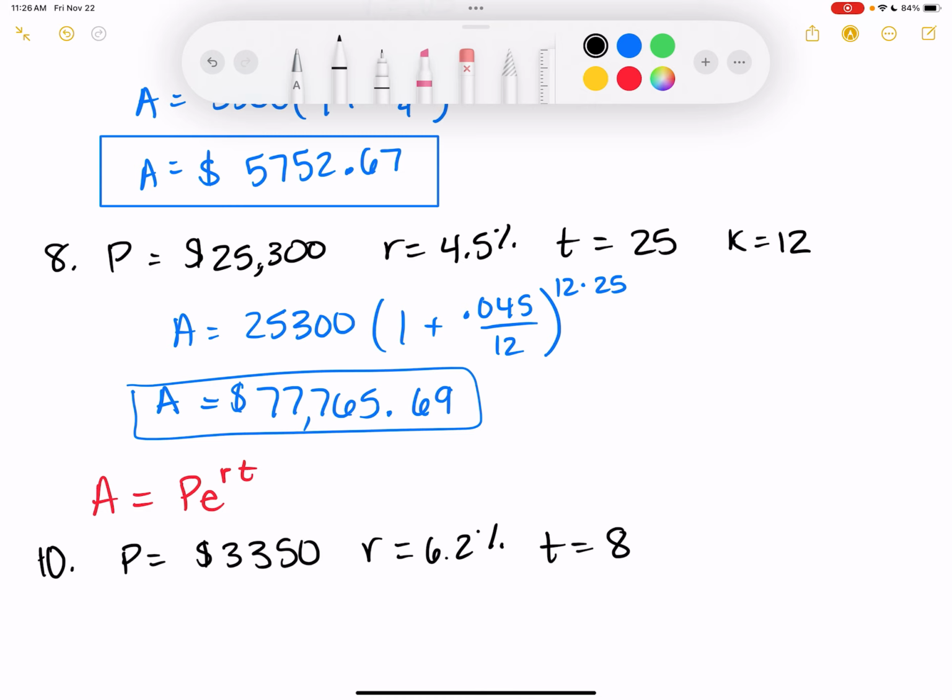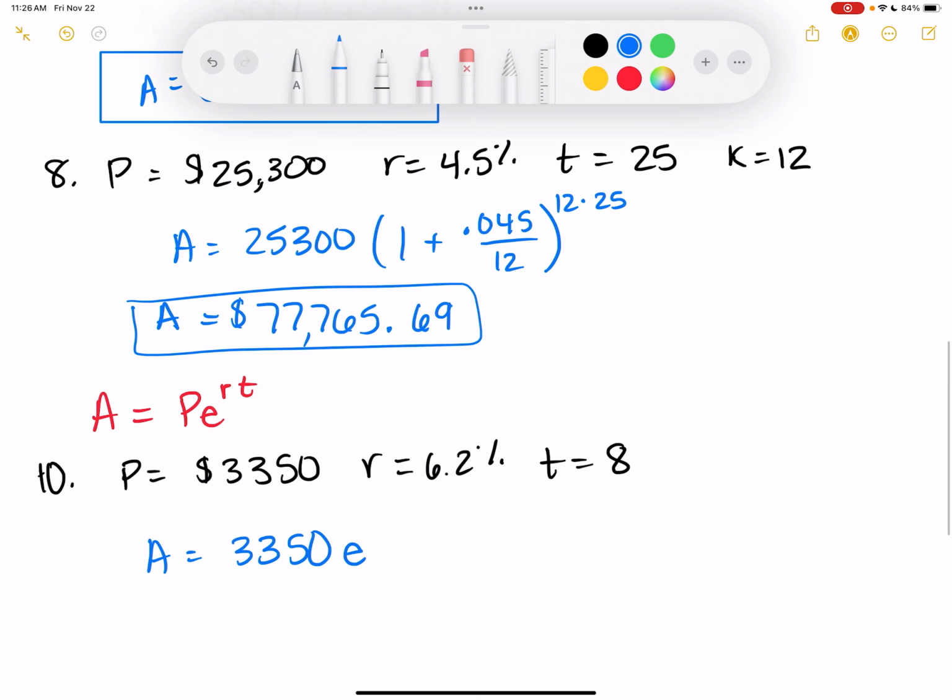So I have A equals 3,350, then e, the number e, raised to the 0.062 times 8. So just set it up and then tell me what we get.